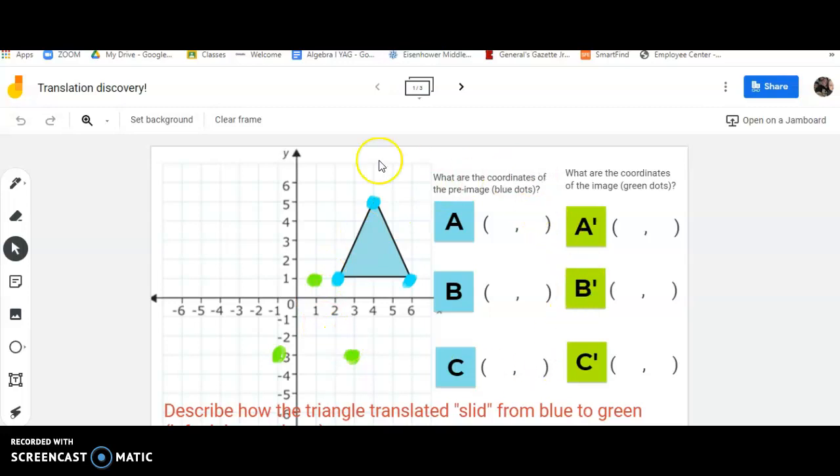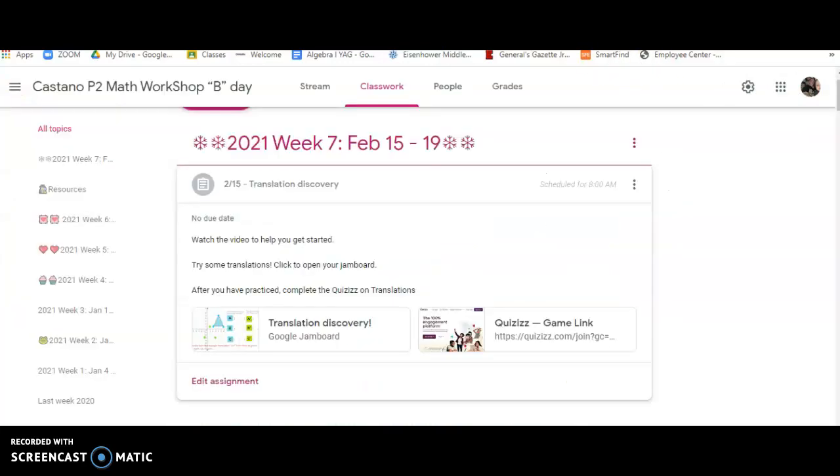You should be able to click and change things on it since it is set to make a copy of your own when you open it. That is one of your assignments. And then the other thing, after you have practiced a little bit, is to finish one of the quizzes. The quiz is over translations.